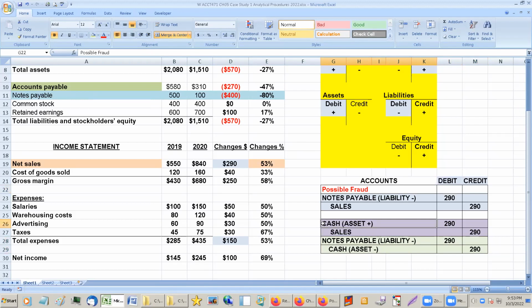And notice that the cash would drop out, right? So this would be harder to find. Now, which would be easier to do? Dig through a bazillion sales or look at the notes payable? Probably look at the notes payable. These would probably highlight, if there was a problem, this is probably where you'd find it.